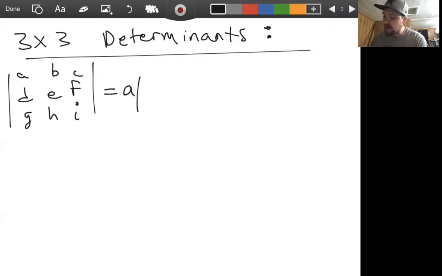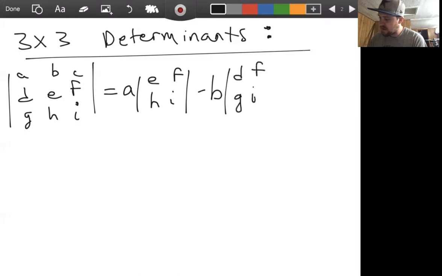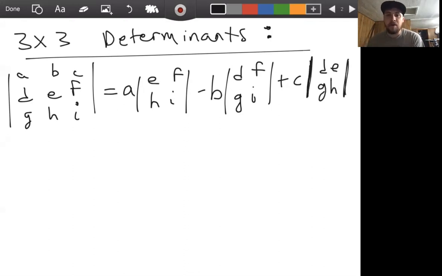It's A times the 2 by 2 determinant of the submatrix EFHI, minus B times the 2 by 2 determinant of the submatrix DFGI, and then plus C times the 2 by 2 determinant of DEGH. And so this is a formula for calculating a determinant of a 3 by 3 matrix. Now let's give some intuition on how we can remember this formula.